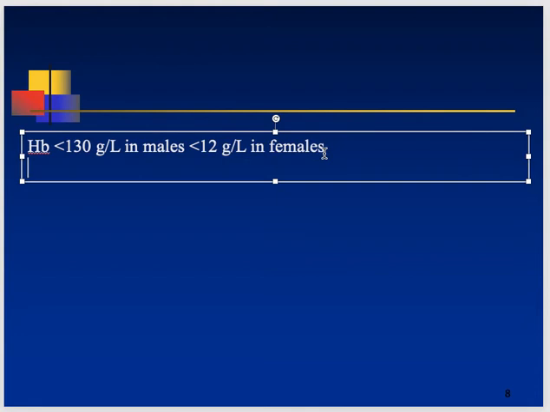So simply whenever there is anemia in the body, what we check is the MCV, and we classify anemias on the basis of the MCV. Either it's less than 80 femtoliter, we call it microcytic anemia.